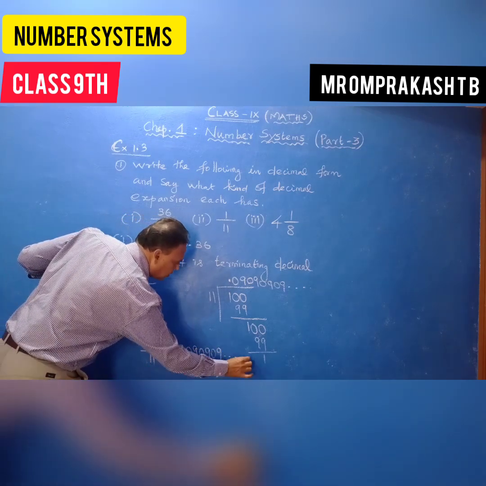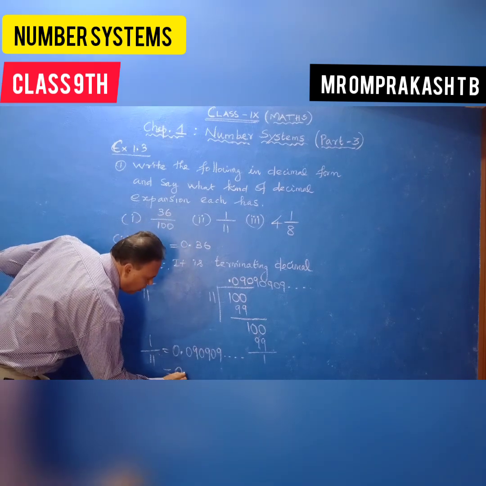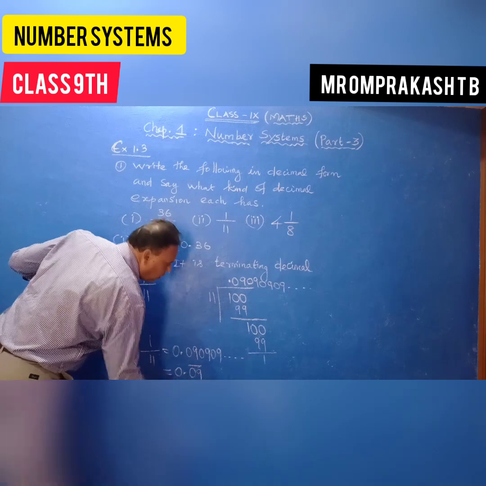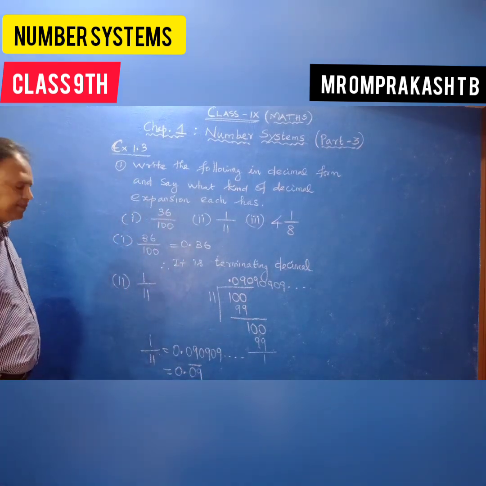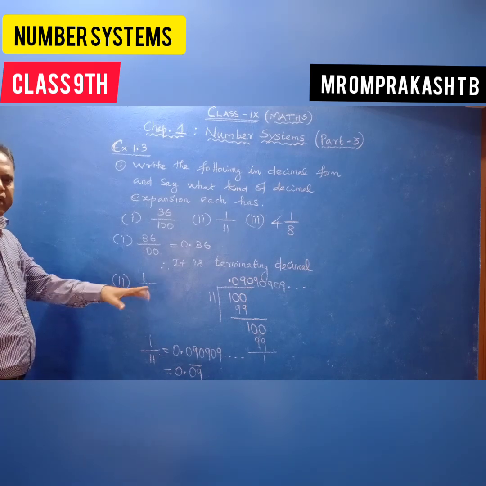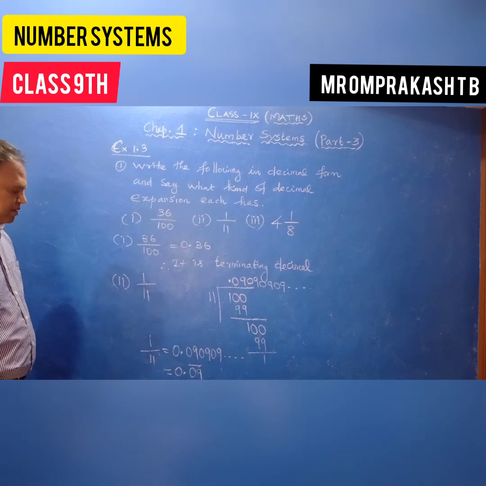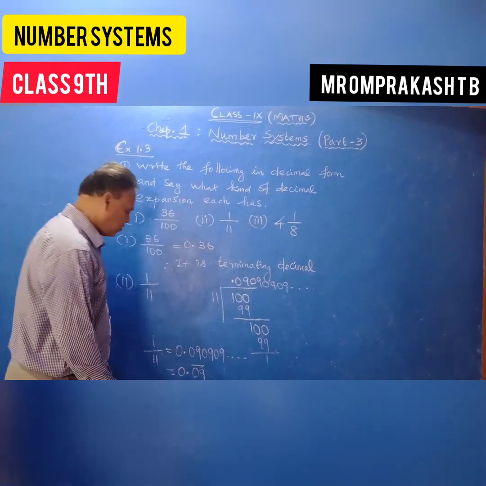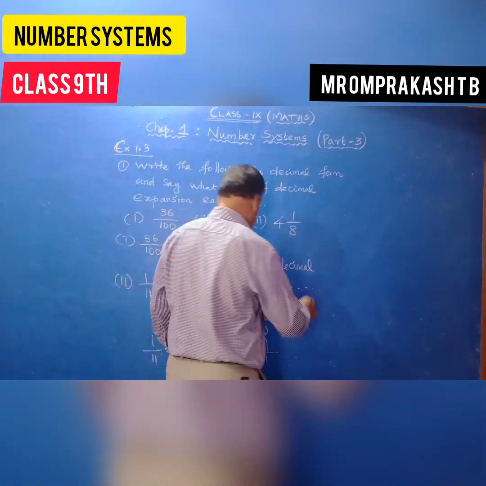Therefore this 1 by 11 can be written as 0.090909, that is 0.09 bar. So which type of decimal expansion? Non-terminating and repeating decimal. Clear?